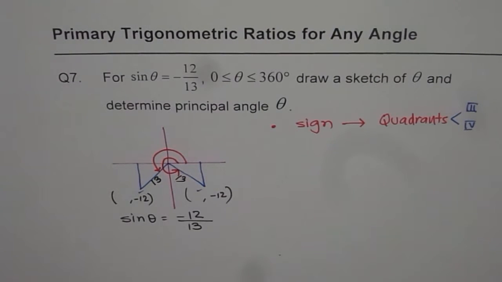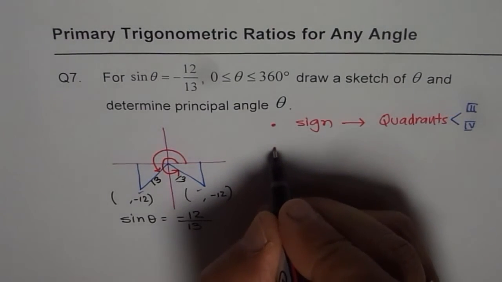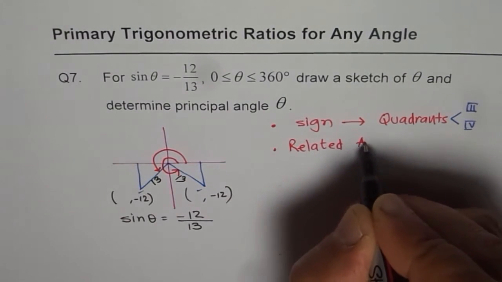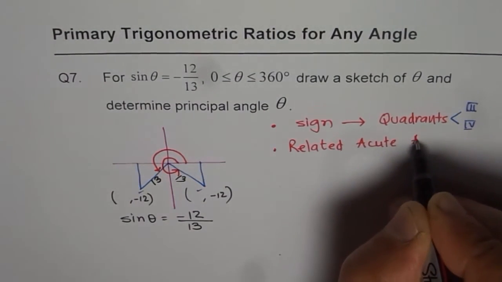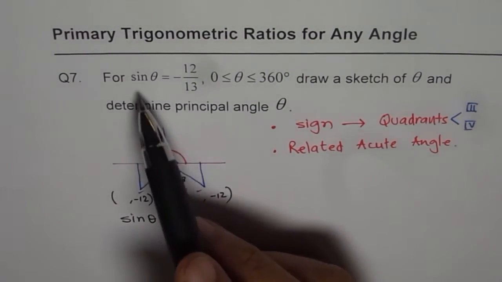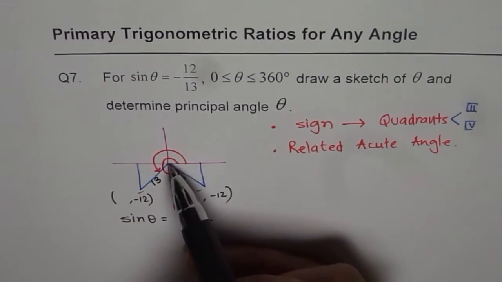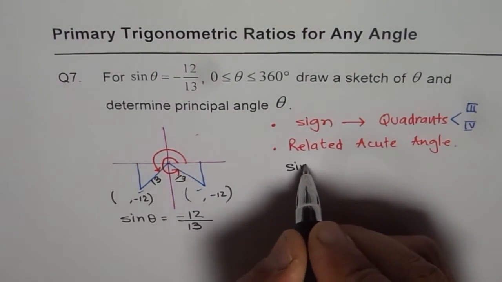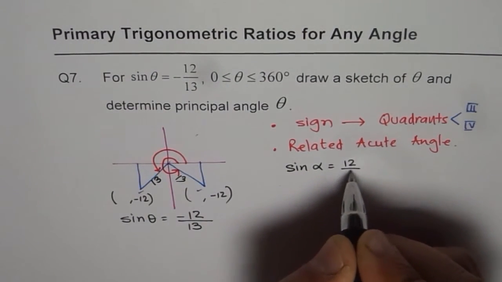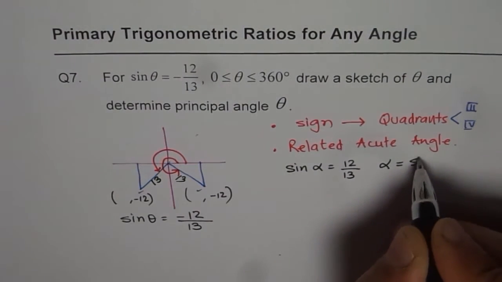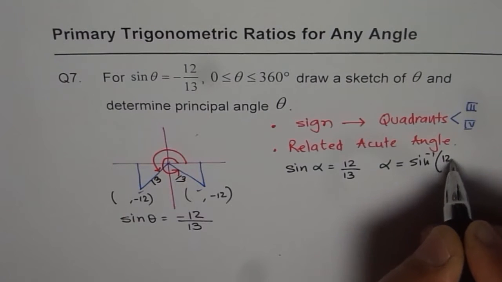Now the next step is to find the related acute angle. Imagine that the sine value given is positive and theta is an acute angle. That means it is in quadrant 1, so we say sine alpha equals 12 over 13, and from here alpha equals sine inverse of 12 over 13.